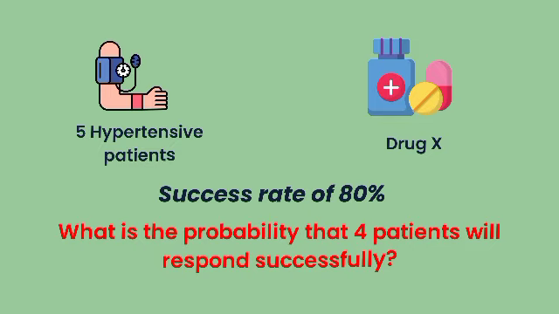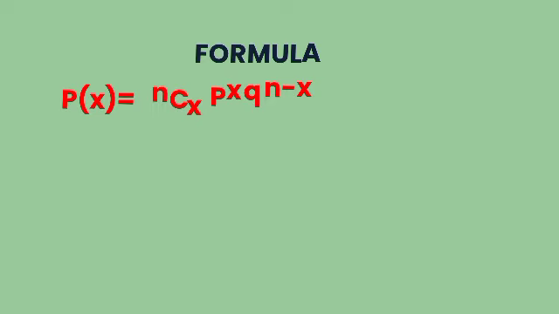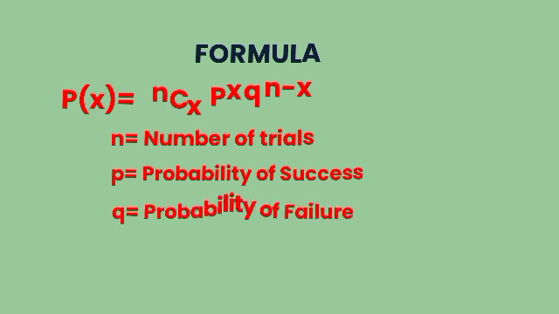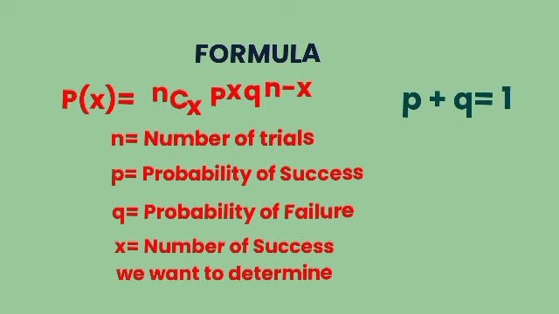So we use this formula where the number of trials is represented by N, the probability of success is represented by P, probability of failure is represented by Q. Note that P plus Q is equal to 1. Then the number of successes we want to determine can be represented by X.